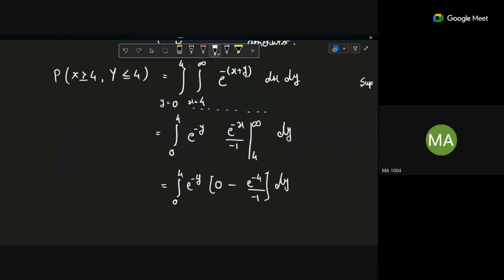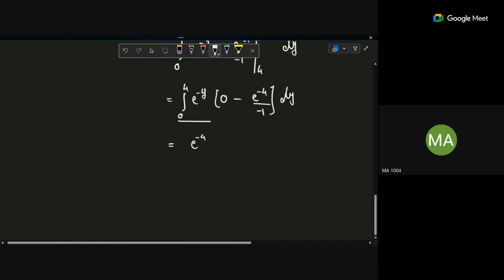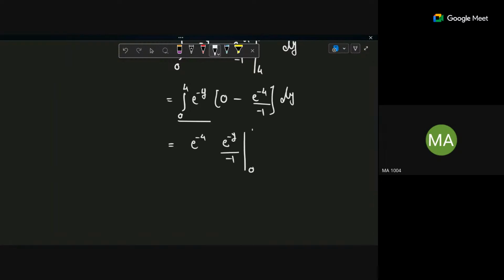Now again, when I integrate with respect to y, I just common out the things. E to the power minus 4 is common, and the integral of e to the power minus y in the range 0 to 4, right? Yes, ma'am. That is nothing but this one, integral limit 0 to 4.